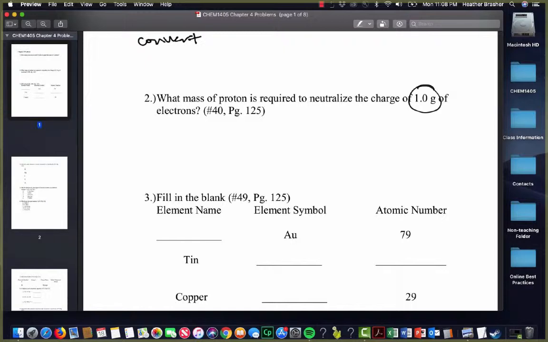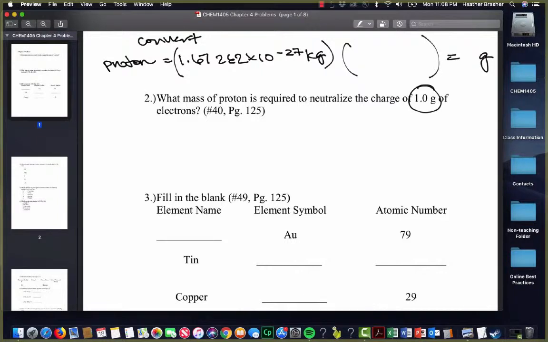Well, let's start with the proton. And we know that its mass is 1.67262 times 10 to the negative 27 kilograms. Well, what do we want? We want grams. If you remember how to convert, you're going to go, okay, how can I get grams over here and get rid of kilograms here?